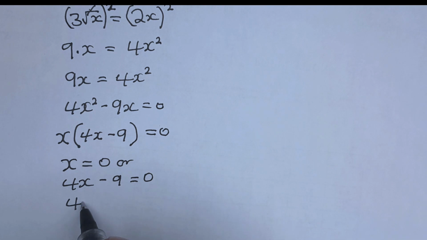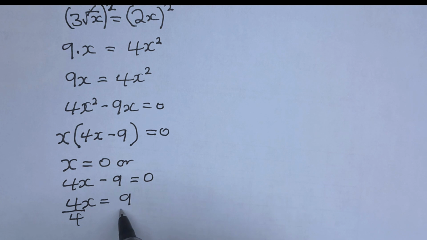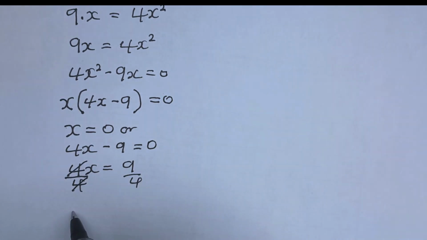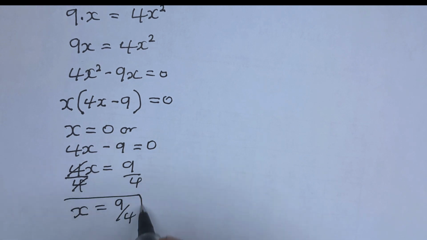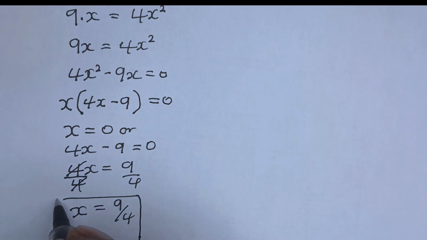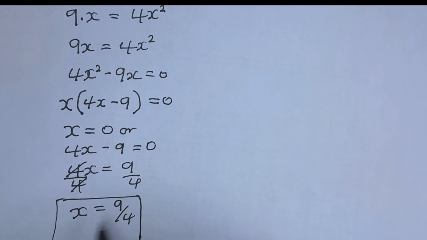And 4x is equal to 9. Divide both sides by 4. 4 gets cancelled with 4, and we are left with x is equal to 9 over 4. Therefore the value of x equals 9 over 4, or x is equal to 0.